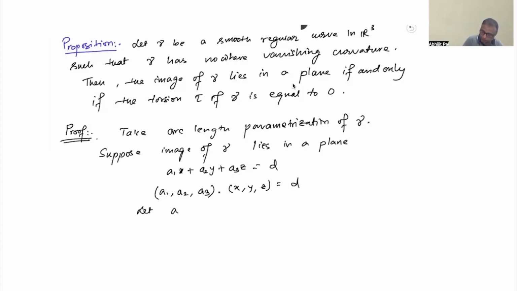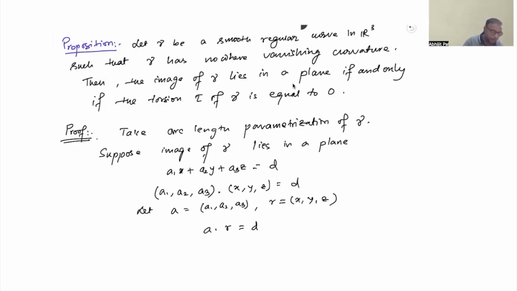Let a be equal to (a1, a2, a3) and r equal to (x, y, z). Therefore this plane is nothing but a dot r equal to t. Here x, y, z are variables, so the vector r is also variable.